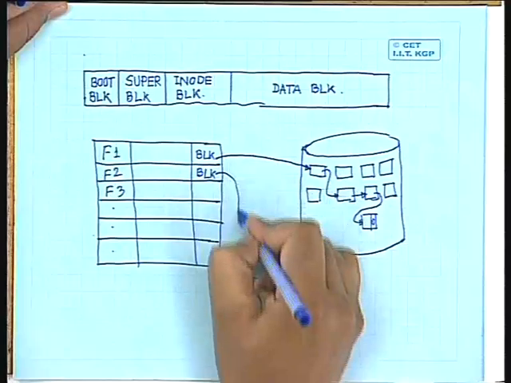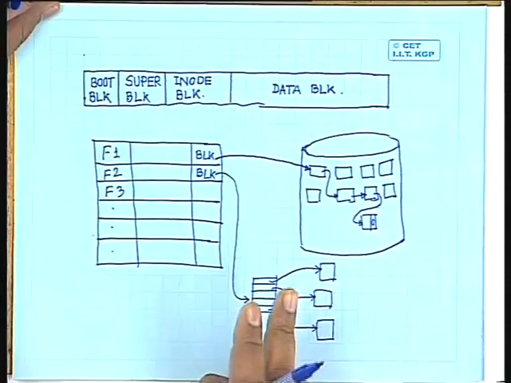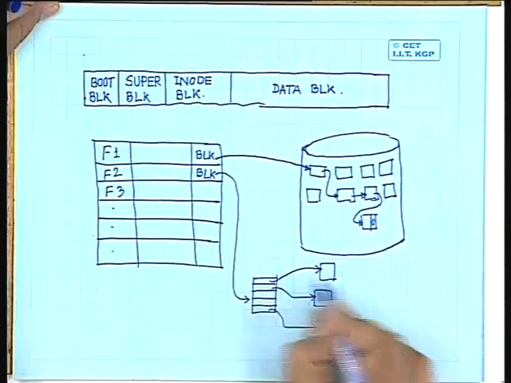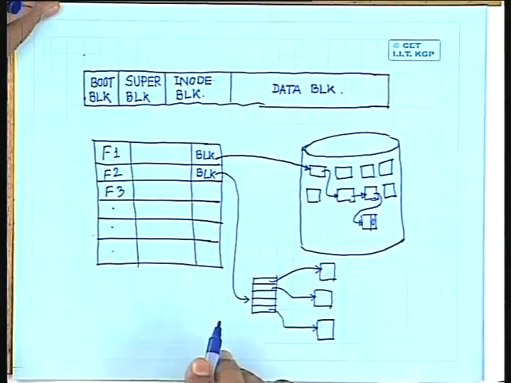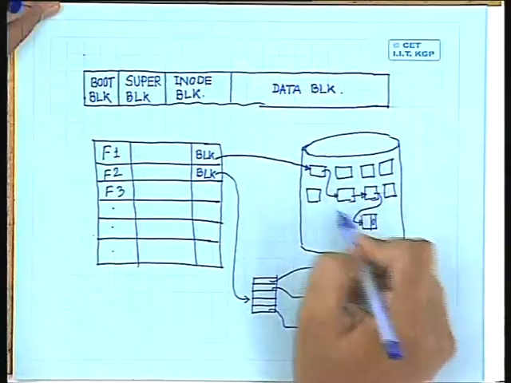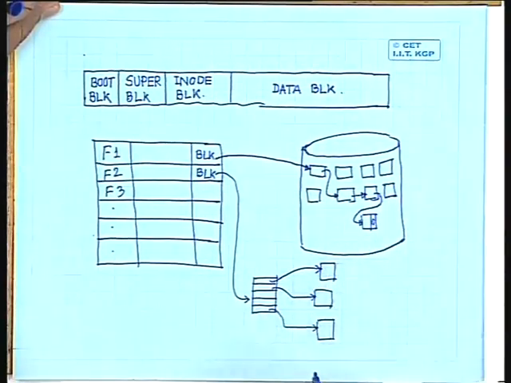Okay. So this block number points to a particular block. This block actually contains a table of block numbers or list of block numbers. And the blocks pointed to by these table entries actually contain the file data. So now we find that unlike in the previous case where access was strictly sequential, here I can have random access.